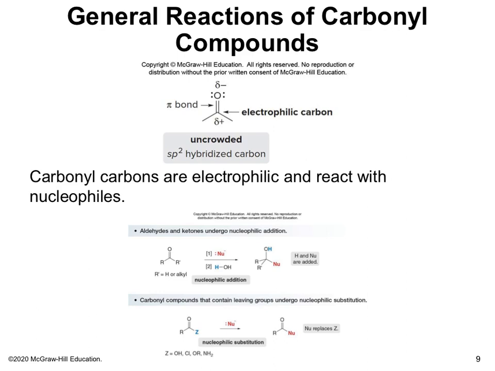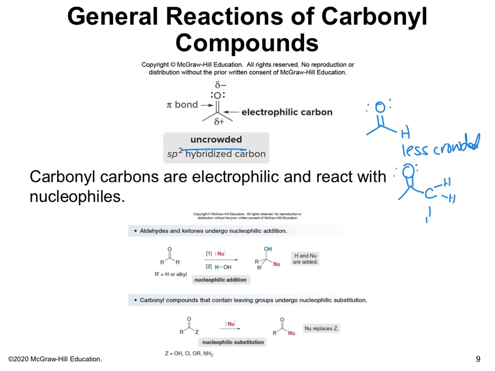Now, this electrophilic carbon is pretty much uncrowded. You'll see that aldehydes always have a hydrogen here, and this is going to be less crowded sterically than a ketone, because the ketone has these methyls.